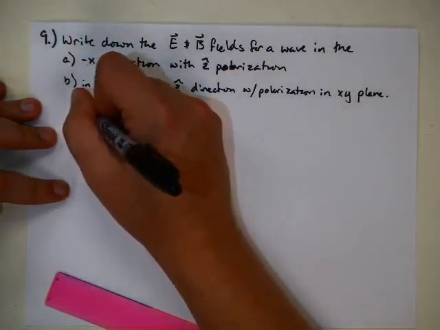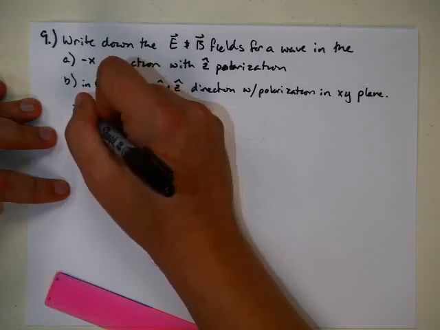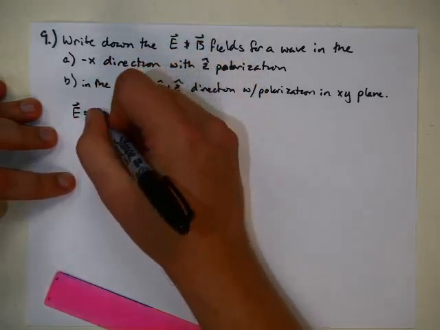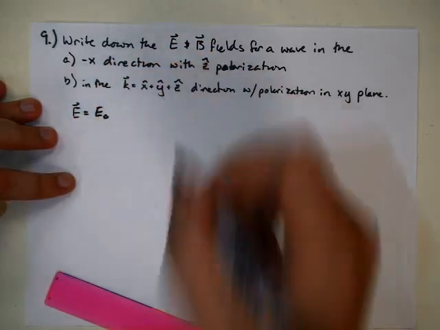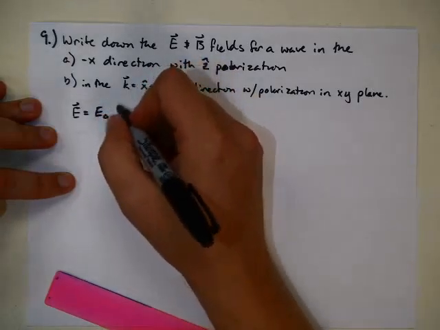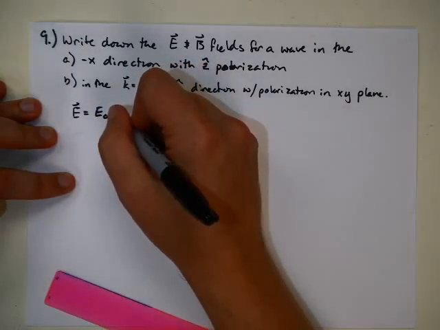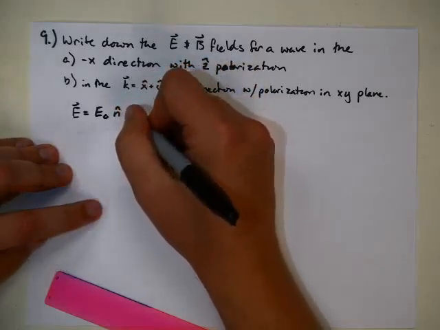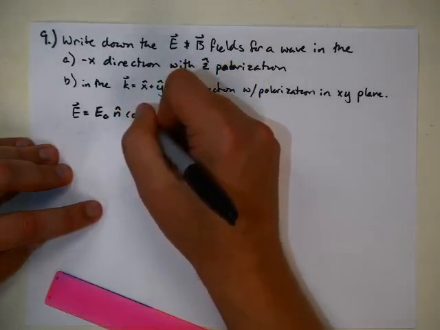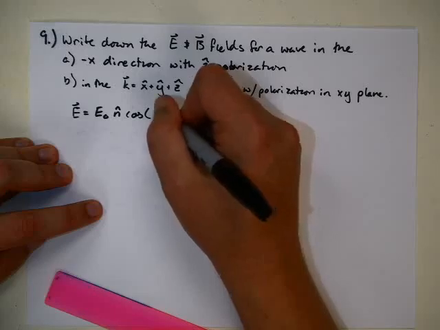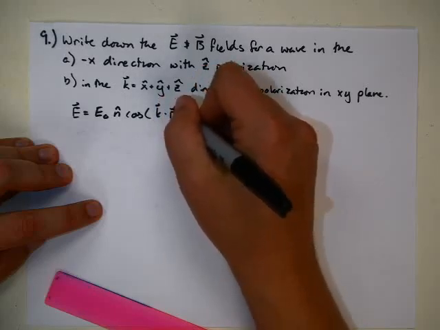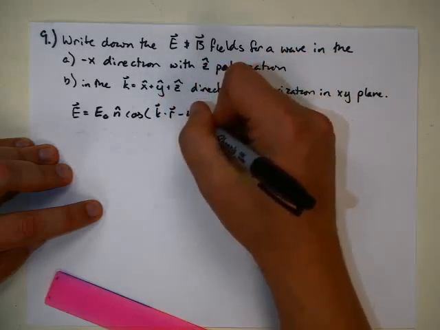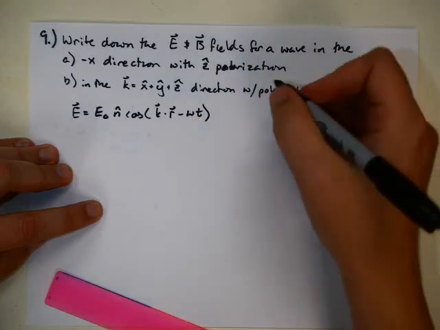We have that the E vector, the E field, is going to be some amplitude, E0, and then it has a polarization n hat. It has then a cosine of k vector dot r vector minus omega t.